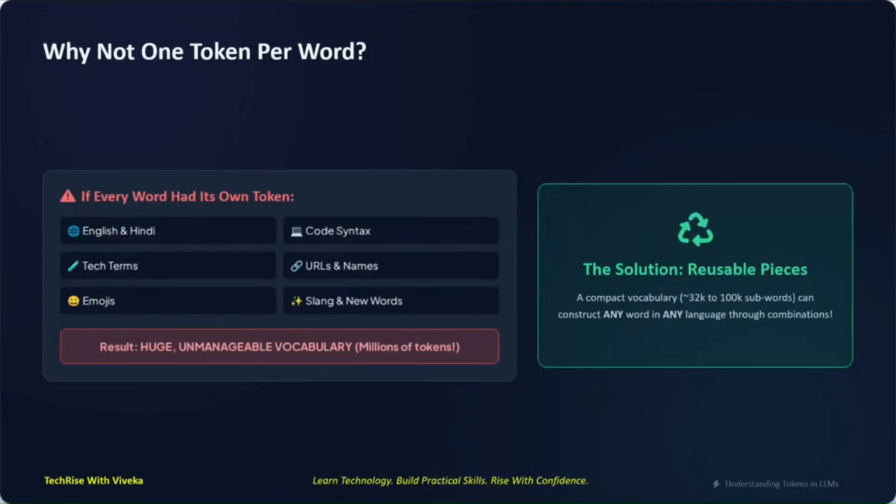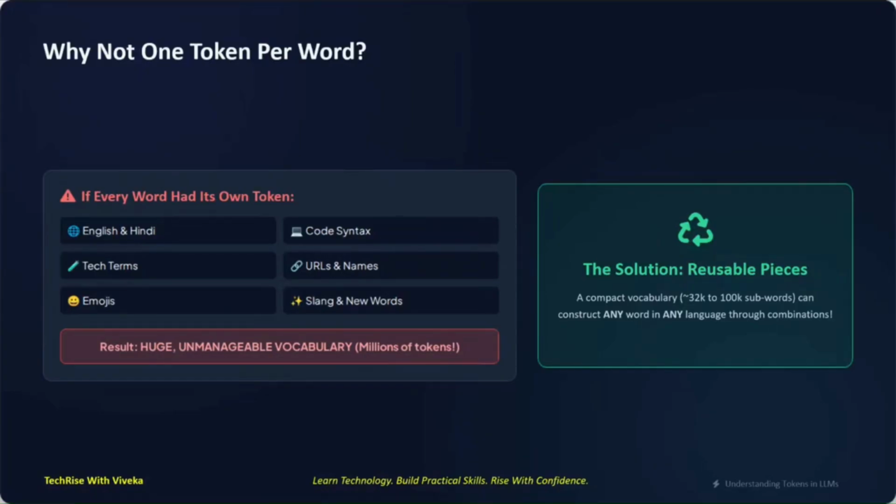Now, you might ask, why don't we simply create one token for every word? Because language is huge. We have different languages, technical terms, programming code, names, URLs, emojis, and constantly changing vocabulary. Creating one token for every possible word would make an enormous vocabulary.